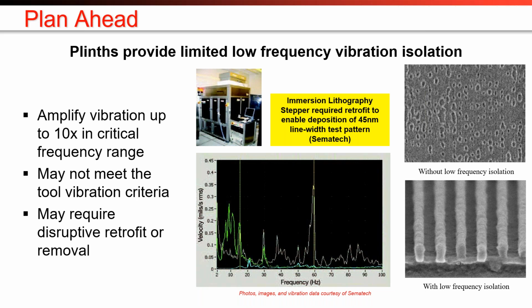So they retrofit the plinth by putting rubber pads between the plinth and the subfloor. And you can see both of those down there on the chart in the bottom center. So the white line is the vibration levels across the frequency range of the initial plinth. And then when it was retrofit to add rubber pads, that's the green line. So this shows it very clearly what we were just talking about. At higher frequencies, because you have vibration isolation in there now, you eliminate all that high frequency noise above, say, 20 hertz.